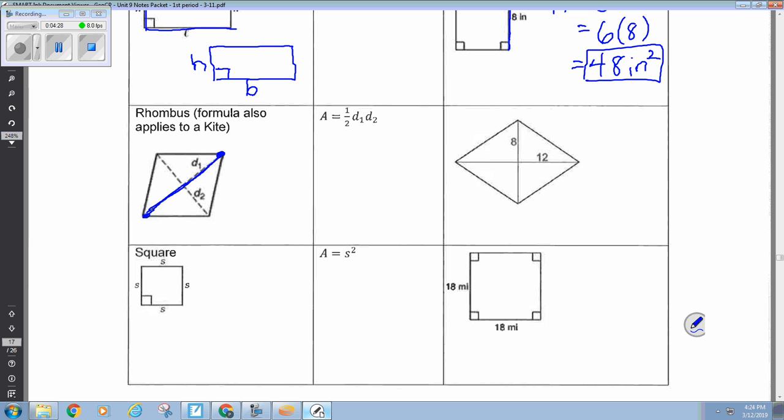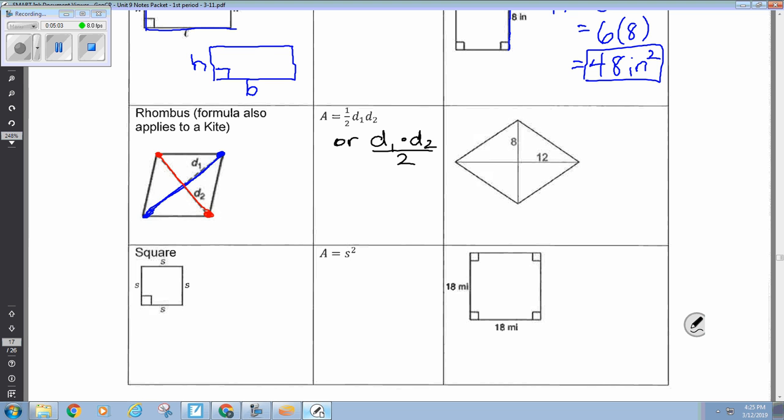So the first diagonal I just traced in blue. The second diagonal I just traced in red. You have to know the whole thing in order to find the area. So to find the area, that's 1/2 times diagonal 1 times diagonal 2. Another way that you can look at it is diagonal 1 times diagonal 2 divided by 2. So either way it goes, same principle.